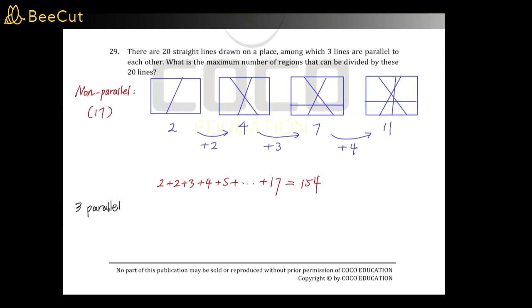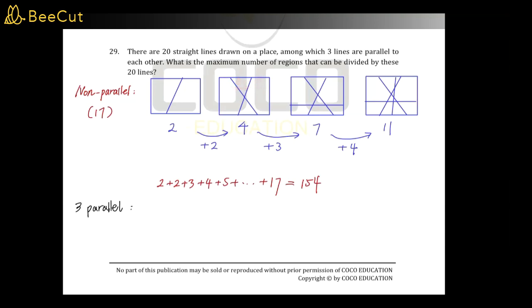Then we check for the parallel lines. There are 3 of them. Each of the parallel lines will intersect with all the other 17 lines. If we intersect with one line, it will introduce 2 new regions. If we intersect with 2 lines, it introduces 3 new regions.